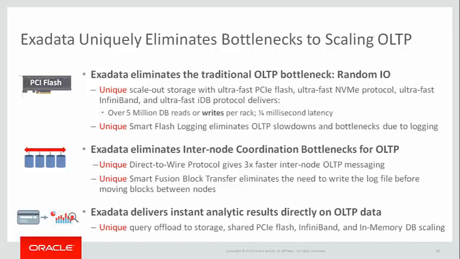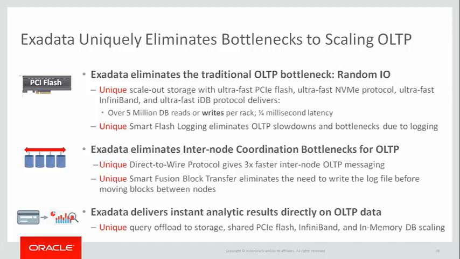For the internode coordination bottlenecks, Exadata offers the direct-to-wire protocol, which we talked about earlier. It eliminates the OS as well as the driver layer, so that database messages can directly talk to the InfiniBand.